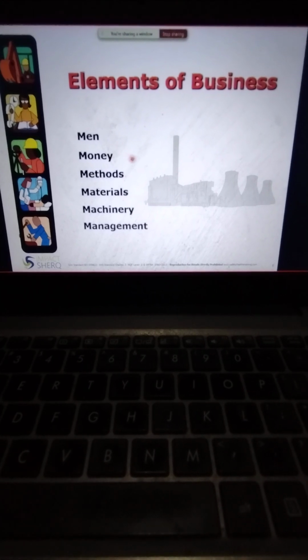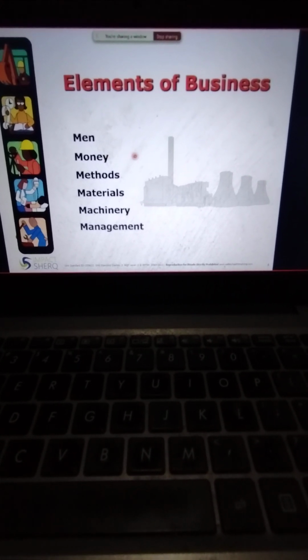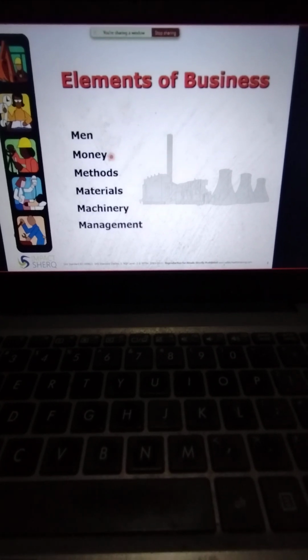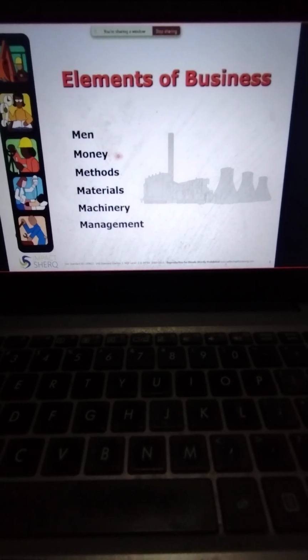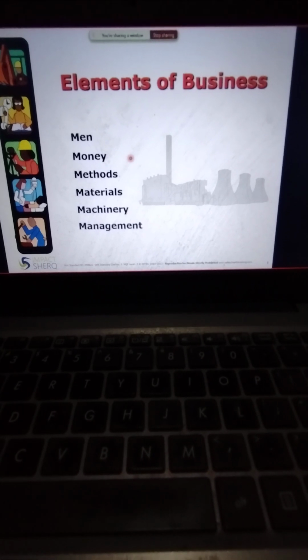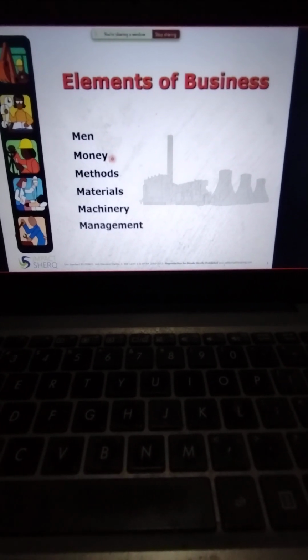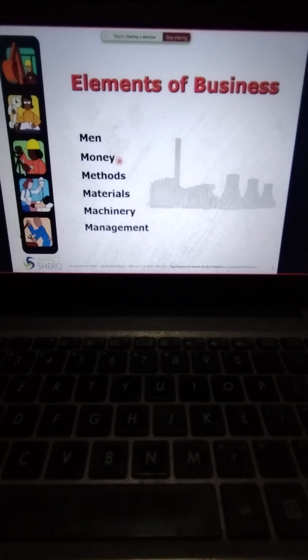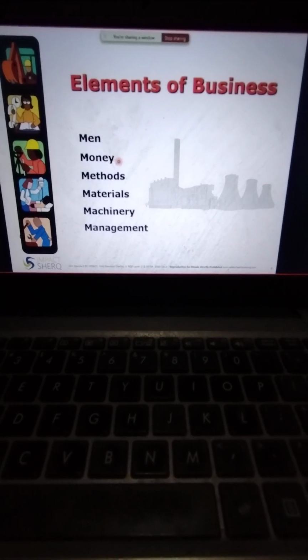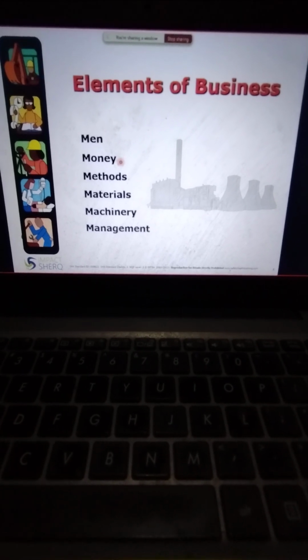Number two element of a business is that every business or any company you work for will have money. And if health and safety is not done, a company will lose lots of money. For instance, there are what we call fines and penalties. In Modules 2 and 3, I'll be sharing with you the law, the Occupational Health and Safety Act.